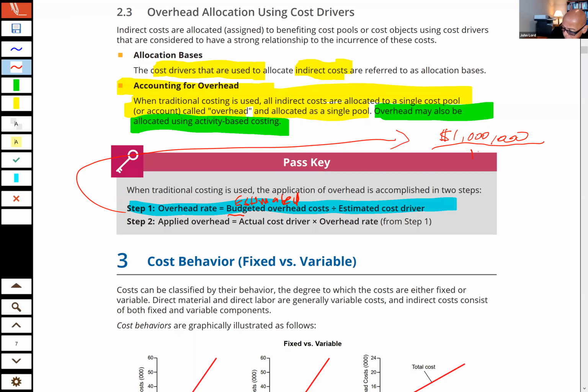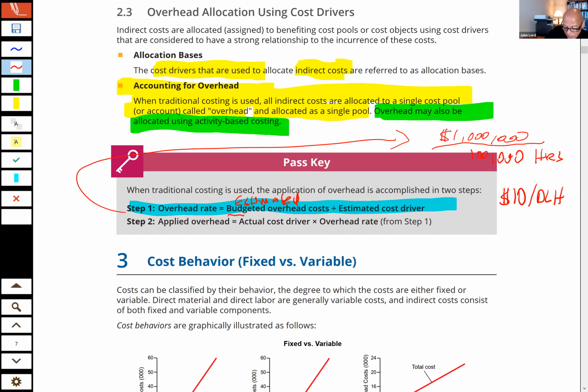And let's say they estimate that they're going to have 100,000 direct labor hours next year. Well, $1,000,000 divided by 100,000, even I think I can figure that one out in my head, is what? $10 per direct labor hour is what they come up with as their predetermined overhead rate, and they come up with that probably 9 months in advance.